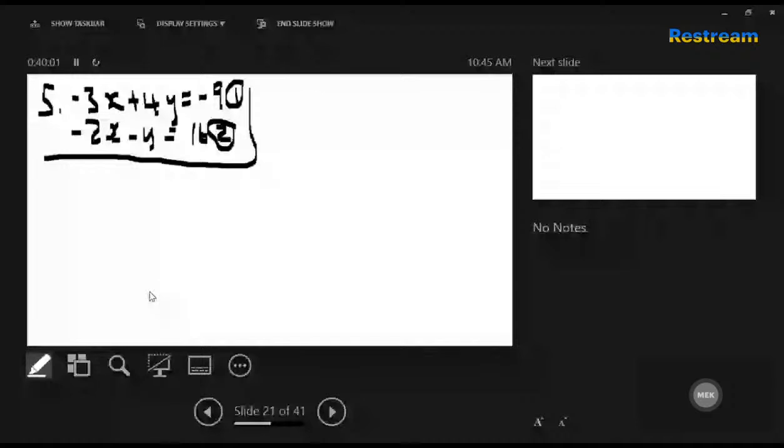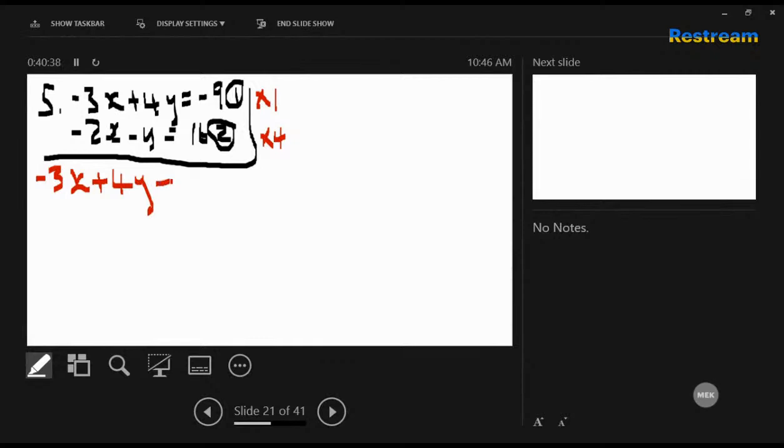So I'm multiplying equation 1 by 1 and equation 2 by 4. And that's going to give me, equation 1 will remain the same since I'm multiplying it by 1. So this will become equation 3, same as equation 1.